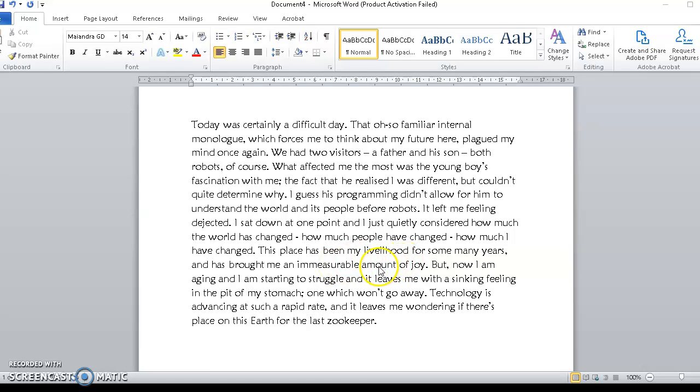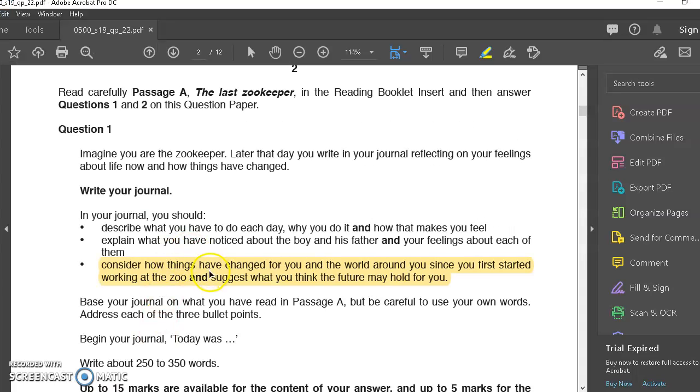But now I am aging and I'm starting to struggle, and it leaves me with a sinking feeling in the pit of my stomach, one which won't go away. Technology is advancing at such a rapid rate, and it leaves me wondering if there's a place on this earth for the last zookeeper.